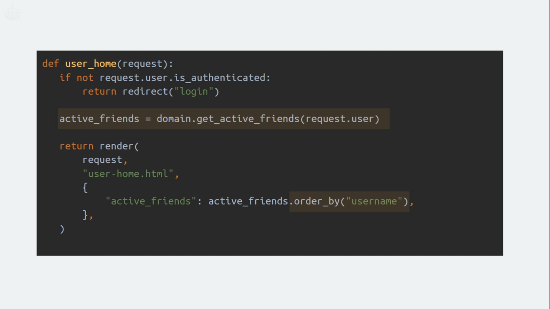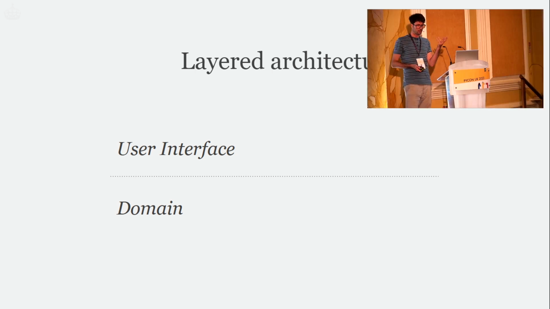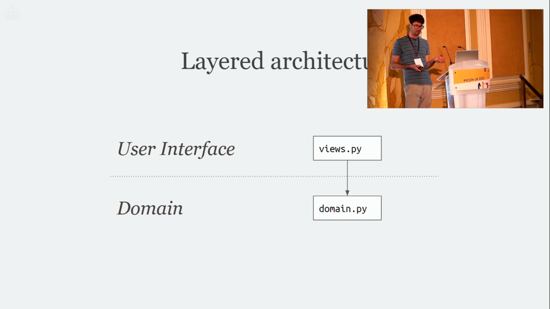It's just about the presentation. A slightly grand name for what we've done is we've made a little layered architecture. But all it really is is that we've got a user interface layer with our views.py and a domain layer with our domain.py, and it calls into it. It's not actually a big deal.